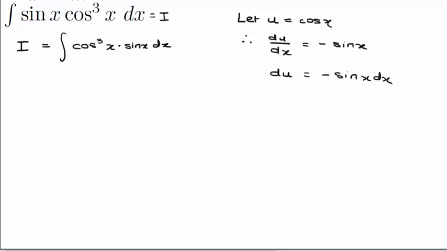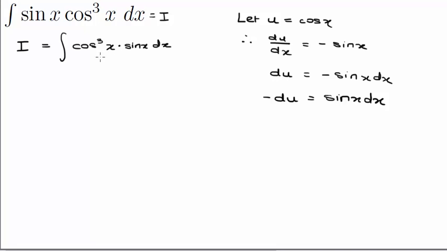And to get rid of the negative sign, I'm going to multiply minus 1 to both sides in this equation. So we're going to have minus du equals minus times minus sine of x multiplied by dx. And because we have a double negative, I'm going to rewrite this as a positive sine of x dx. It's going to be positive sine of x dx.